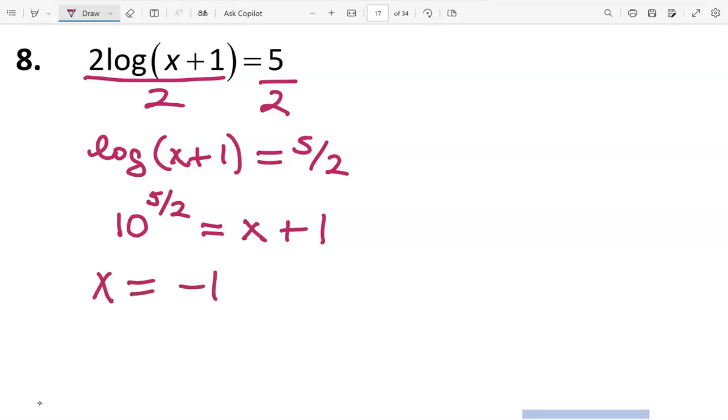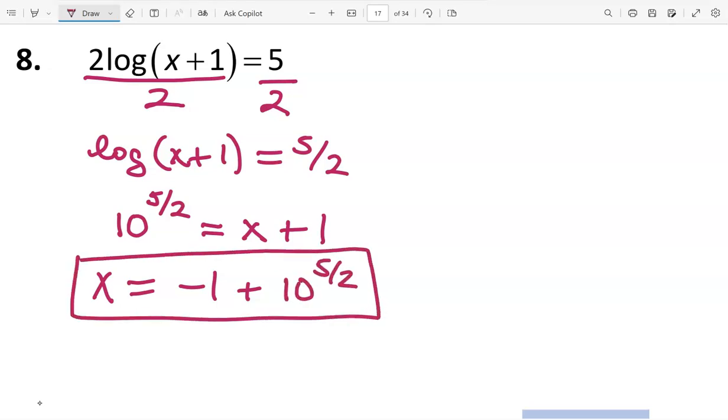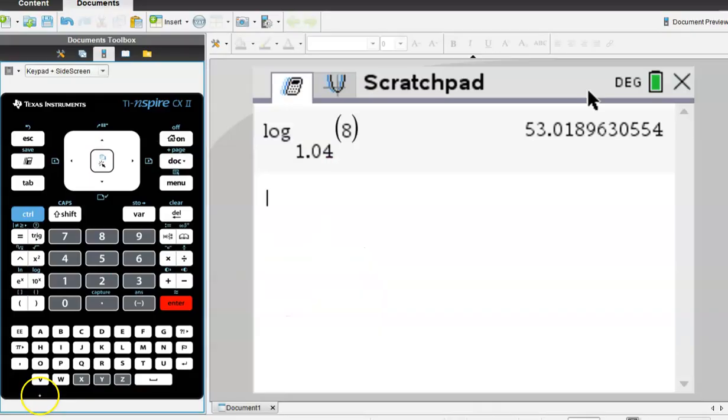Adding -1 to both sides of the equation, we get x equals -1 plus 10 raised to the 5/2 power. That's our calculator-ready or exact form answer, which can be entered -1 plus, and there is a 10 to the x button here, which we can use.